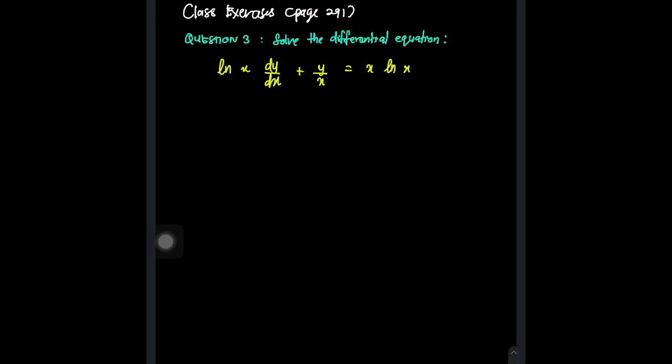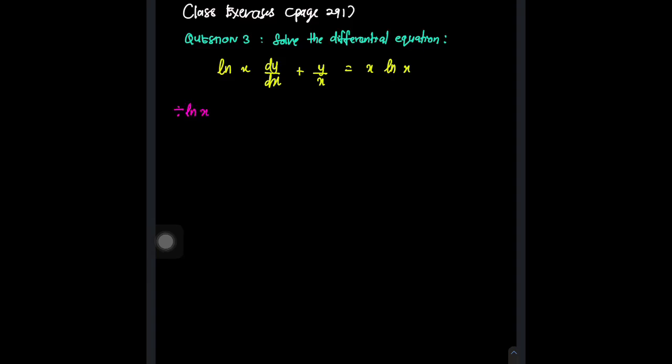Now turn to page 291, class exercises. Look at question number 3. Solve the differential equation ln x dy over dx plus y over x is equal to x ln x. So the first step is you have to put it in general form, dividing both sides by ln x.